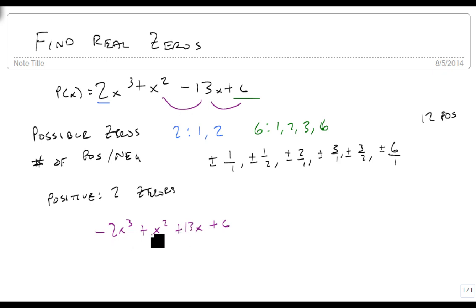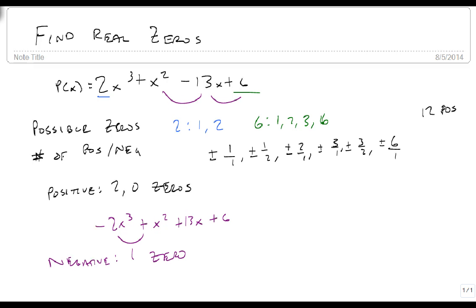Remember, we only change the odd ones, the even ones stay the same. And here we only have 1 sign change, so for my negative zeros, we only have 1 zero. Oh, and I lied about the positives. There's either 2, but there might be 0. Okay, so now I know that I have 1 negative, 2 or 0 positive, and there's 12 possible.